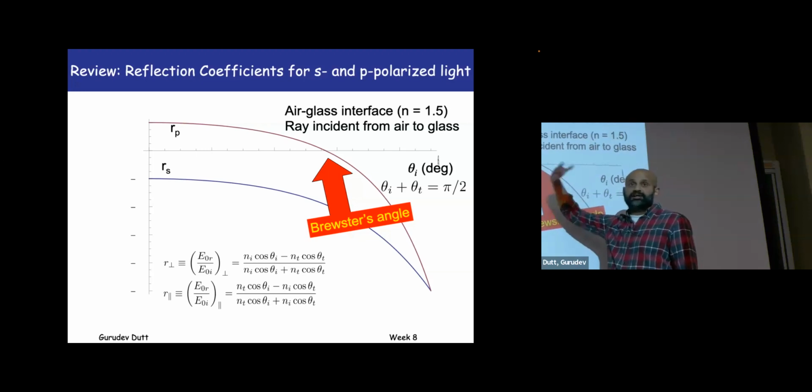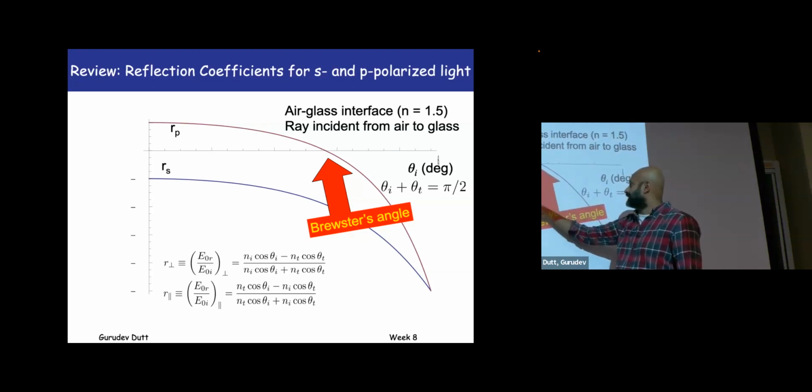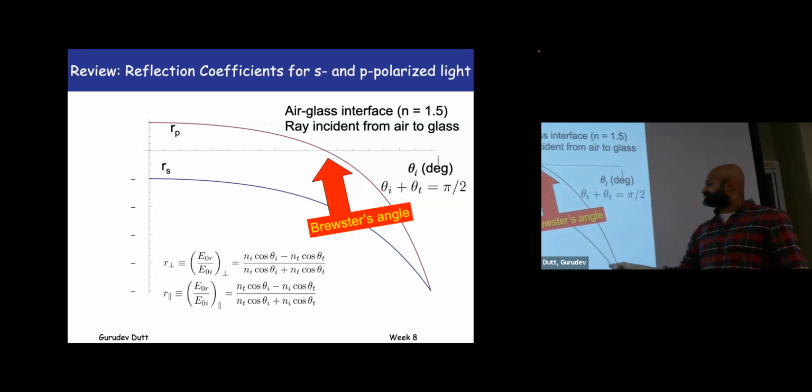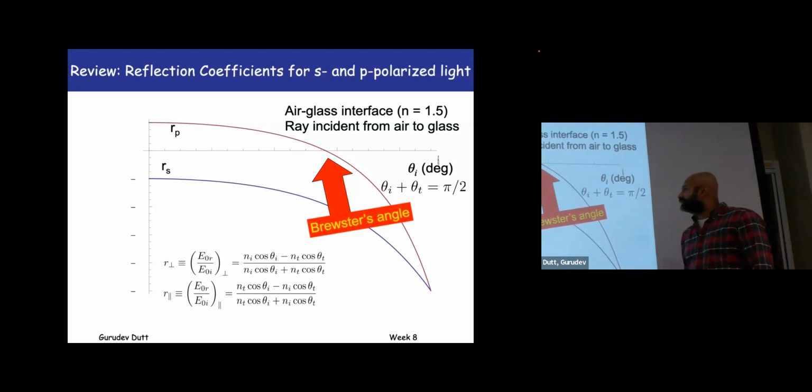So that means that even if I send unpolarized light, because RS, remember, is always less than 0 and is never vanishing, it grows and grows until it reaches the 90-degree incidence angle.